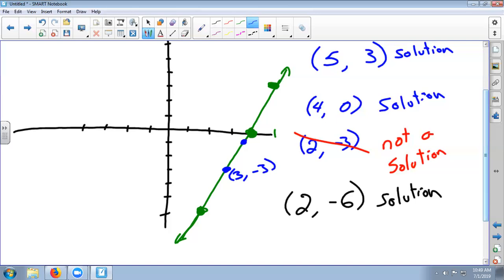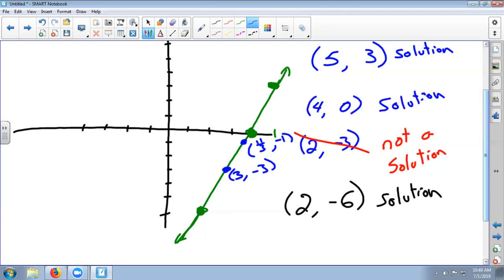This one's not obvious, but it is a solution to that equation. 11/3, negative 1 is a solution to that equation.